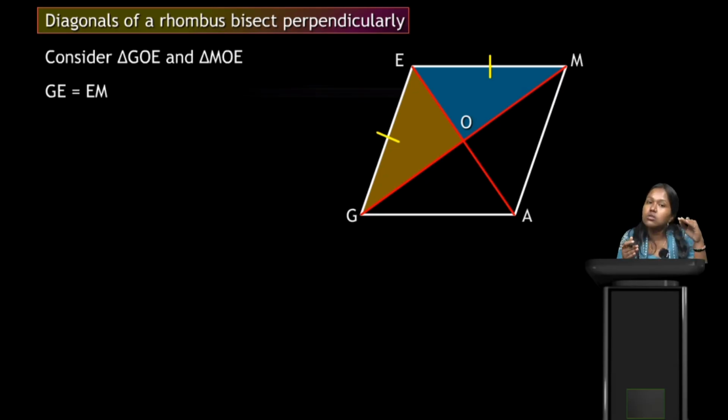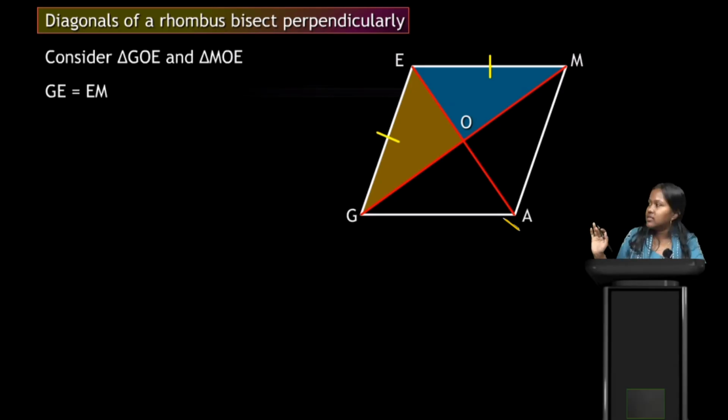If we extend the line segment EO, it will come at A. So if EO is perpendicular on GM, EA is also perpendicular on GM because EO and EA represent the same line. From here, we are going to show that EO is perpendicular on GM.